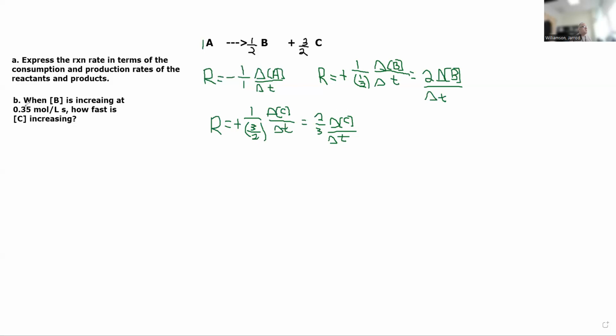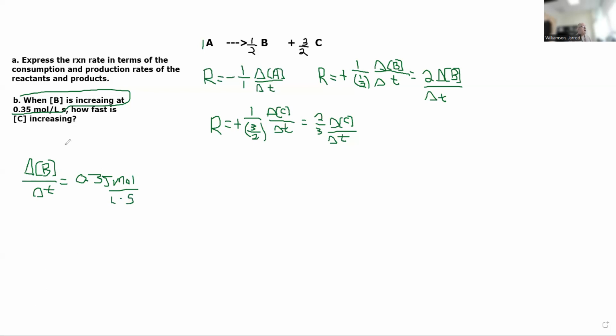Next, when B is increasing at this rate, that's code talk for saying delta B over delta T is 0.35 moles per liter per second.